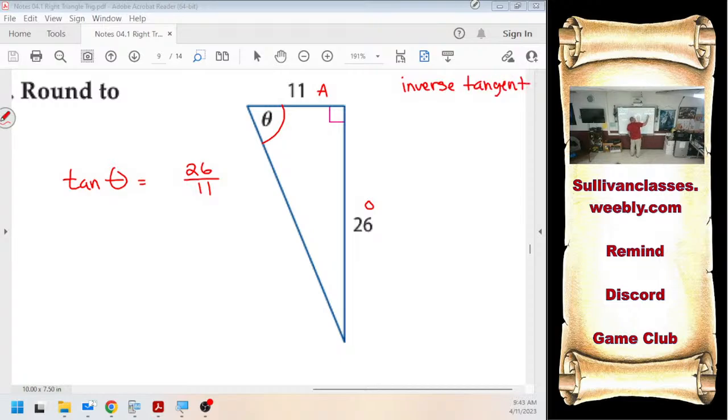Inverse tangent can be written two different ways. It can be written as tangent with the -1 on the tangent, just like for the inverse of a function, I put the -1 on f, not on x. Right? I can also write it as arctangent. Inverse trig functions are called arc functions.